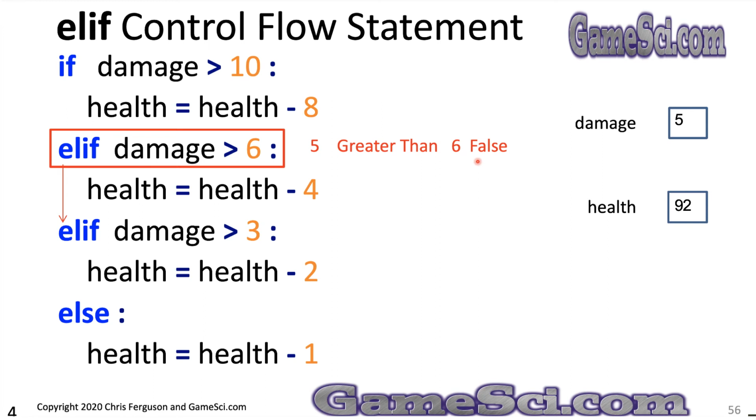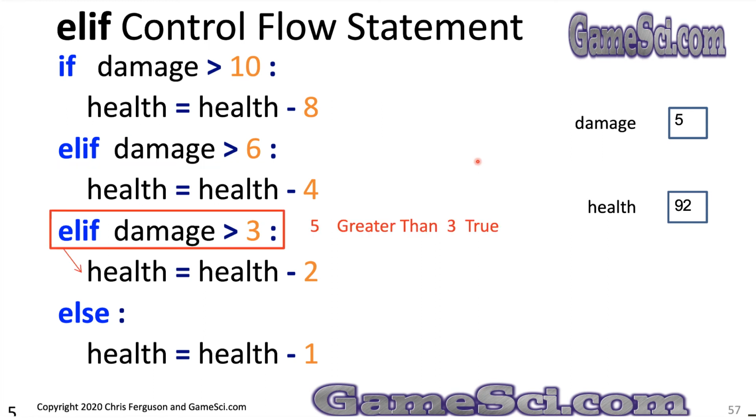Well, if an if statement is false, what do you do? You skip the indented if code and you go to the next else. You've got to think of each of these as an else statement because it's an else if statement. Else if damage is greater than 3 reads as 5 greater than 3, and that is now a true statement. We've reached the point where one of these statements is true. When a statement is true, what do we do? We execute the indented code.